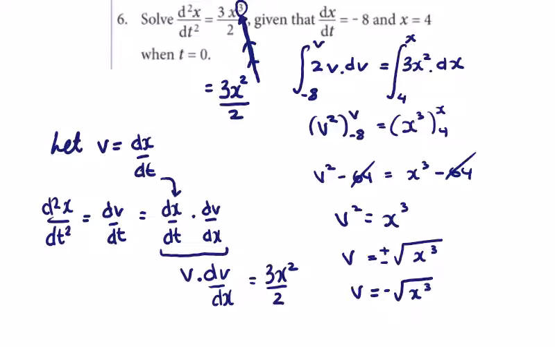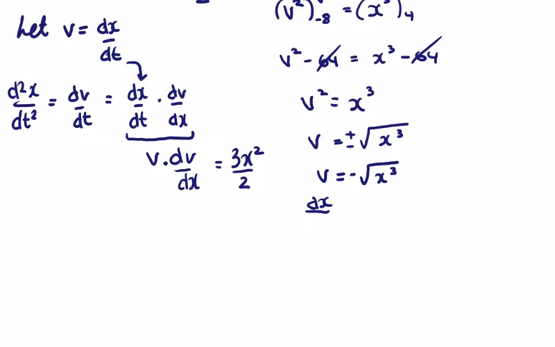And we have v as dx/dt, so dx/dt is equal to, we have x to the power of 3 to the power of a half, x to the power of 3 over 2, so we have minus x to the power of 3 over 2. And then we can say dx over x to the power of 3 over 2 is equal to minus dt.